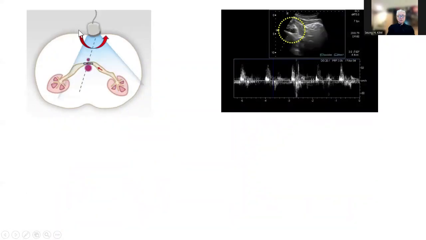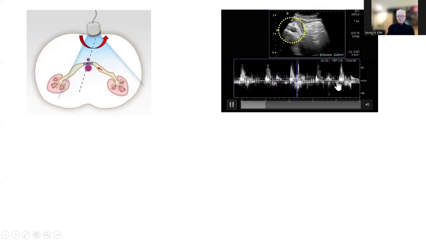The solution is we rotate the transducer a little bit counterclockwise. Then the region of interest is located in this corner of the image. Then the Doppler angle will be much better than the rectangular angle.